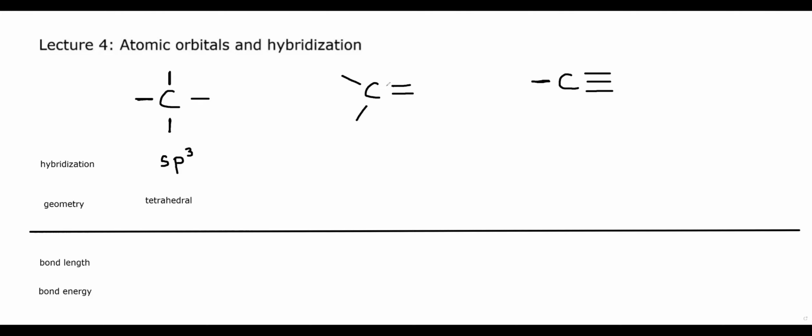All right, now looking at the carbon double bond with 2 single bonds, anytime you see a carbon with a double bond in it, this is a carbon that's sp2 hybridized.